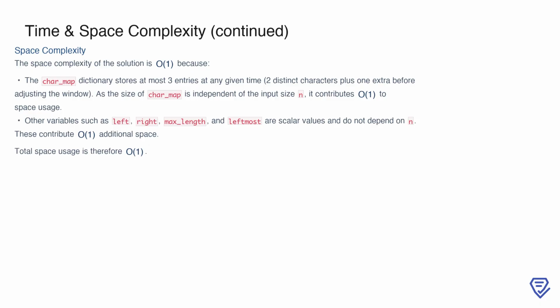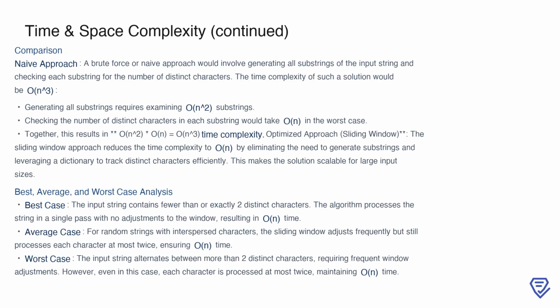When comparing the optimized sliding window approach to a naive solution, the difference in efficiency becomes clear. A brute force method would involve generating all possible substrings of the input and checking each one for distinct characters. This would require O(n²) substrings to be generated and, for each substring, counting the distinct characters would take O(n) in the worst case.